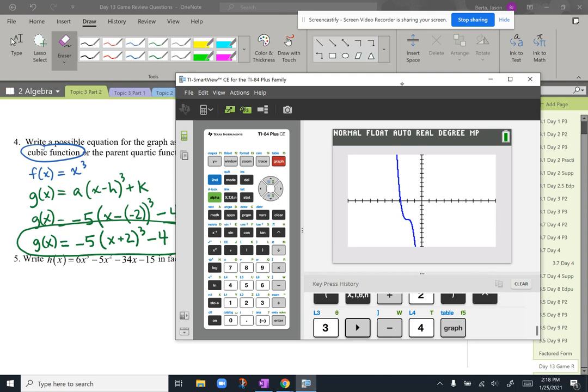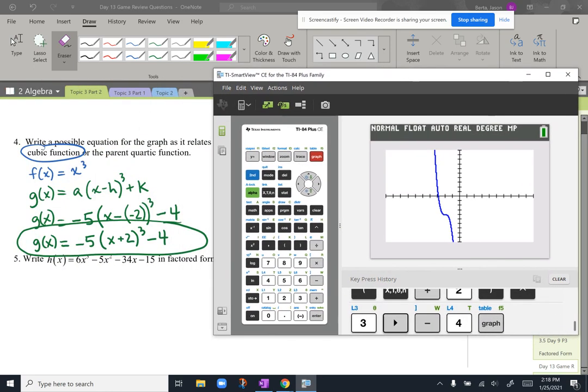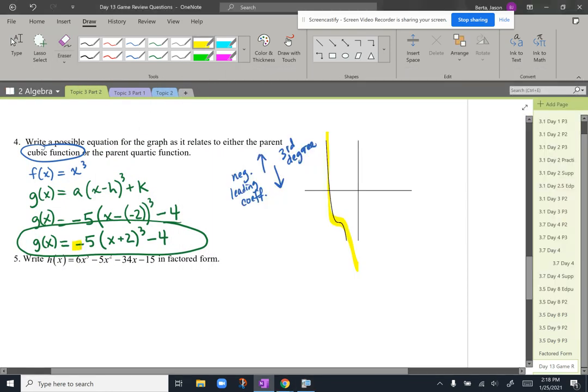Sure enough, that graph looks in the same general shape as what was given to me in the problem. The key here was to have a negative coefficient out front. That flipped the graph over the x-axis, giving me this kind of end behavior.